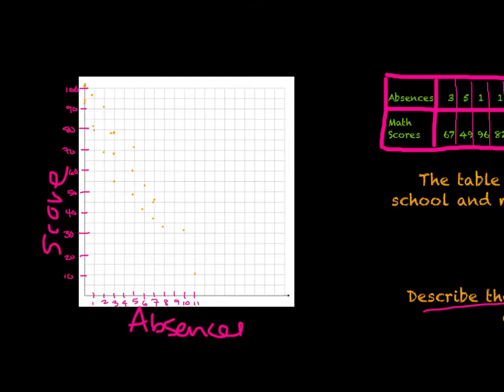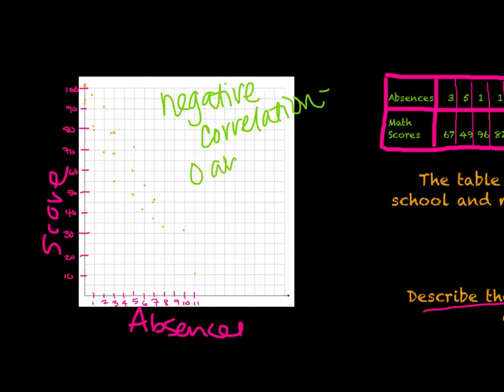As I look at this data, I'm seeing that there is a general trend. It looks like math score is definitely related to absences. We have a fairly steep negative slope, so we have a negative correlation, because if you have 0 absences, you'll tend to have a higher math grade.